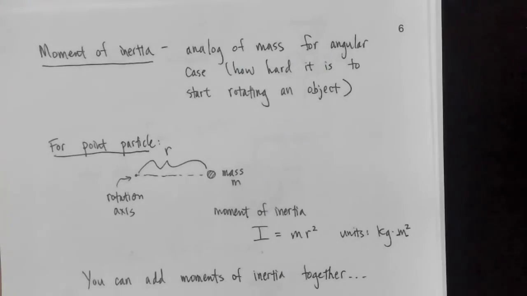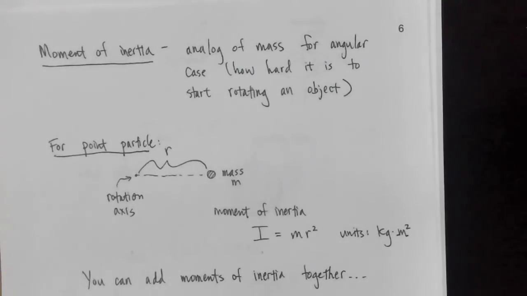By the way, when I was doing this demo, I never really explained it all that well because I was busy. But remember, if you start out like this and pull the arms in, you go faster. Here, my moment of inertia is big. Here, my moment of inertia is small. We're going to talk about angular momentum conservation in a moment.